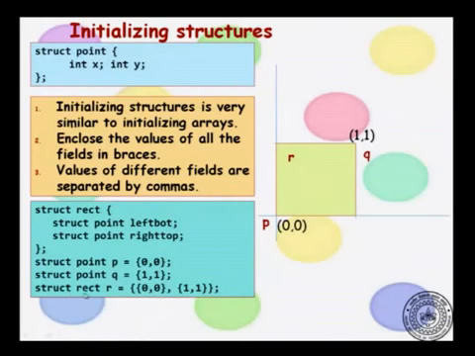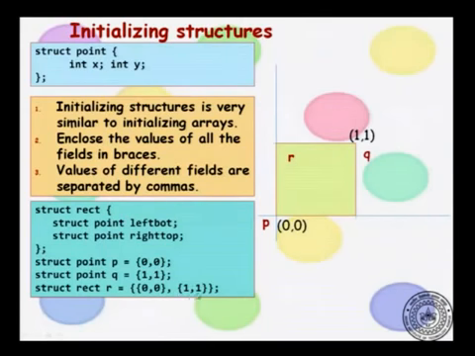If I want to define a rectangle, remember that a rectangle has two fields which are themselves structures, they are points. Okay. So, if I say r equal to {{0, 0}, {1, 1}}, what happens is that r's first field, which is the left bottom, will get the value 0 0. That means the left bottom's x will get 0 and the left bottom's y will get 0.